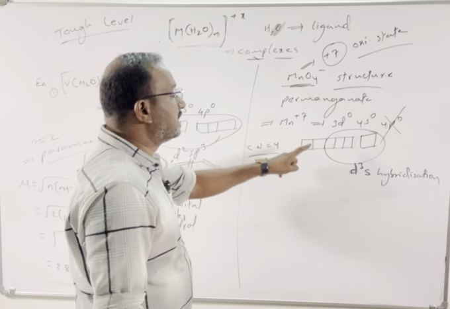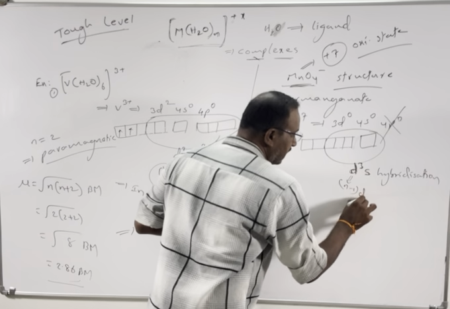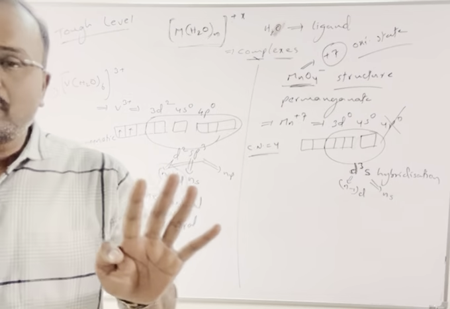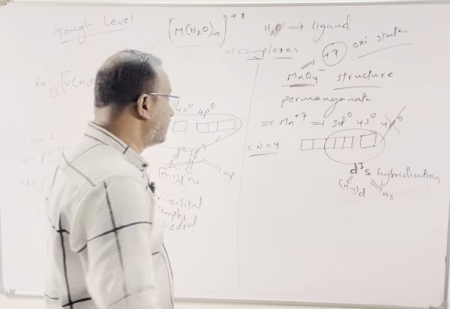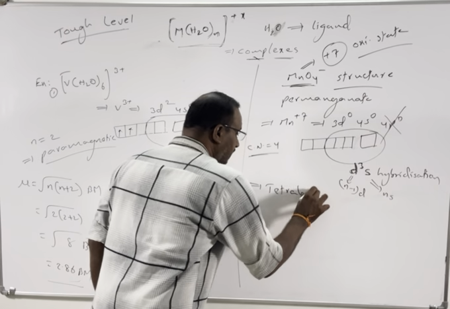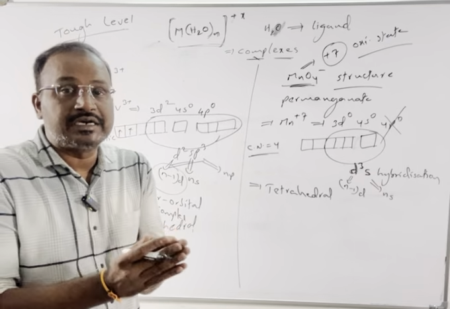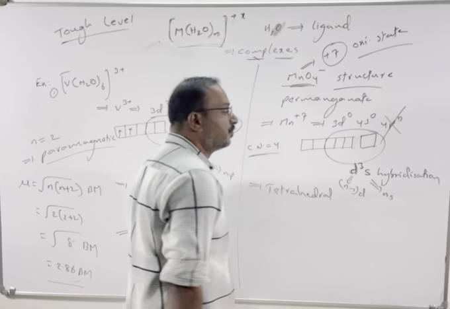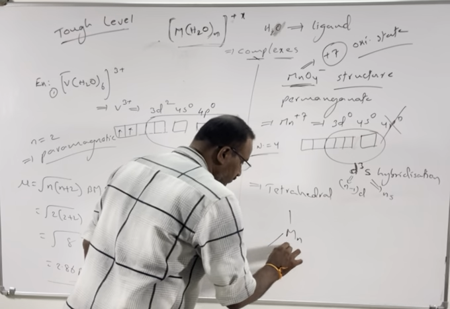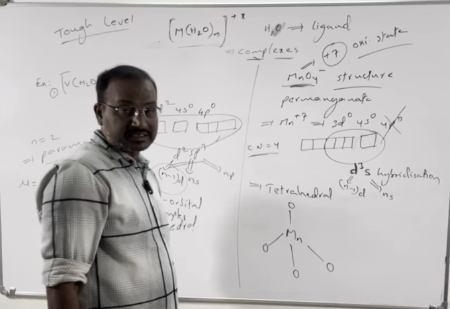Why? Because 3 empty d orbitals of 3d, that is (n-1)d, and 1 s orbital of ns are involved in hybridization. The 4 empty orbitals will be arranged in a tetrahedral manner. Tetrahedral shape, and 4 oxygens donate 4 electron pairs to the 4 empty orbitals, and MnO4 will be formed like this. 1, 2, 3, 4: oxygen, oxygen, oxygen, oxygen.